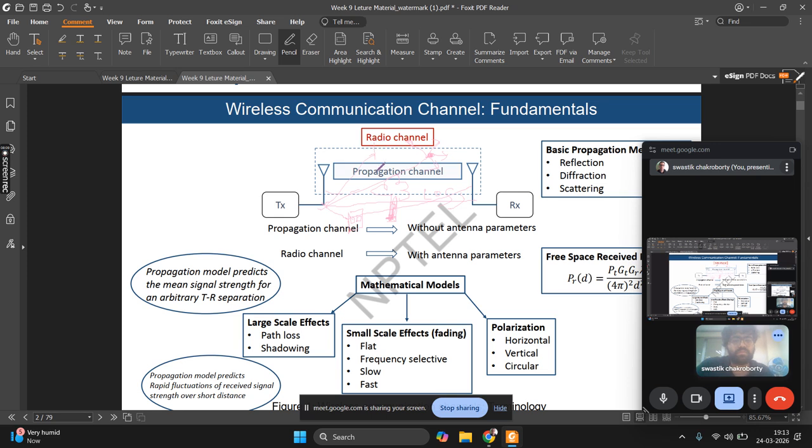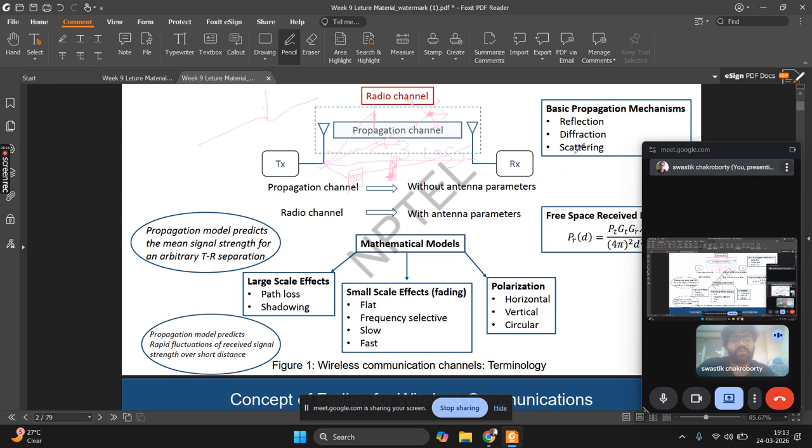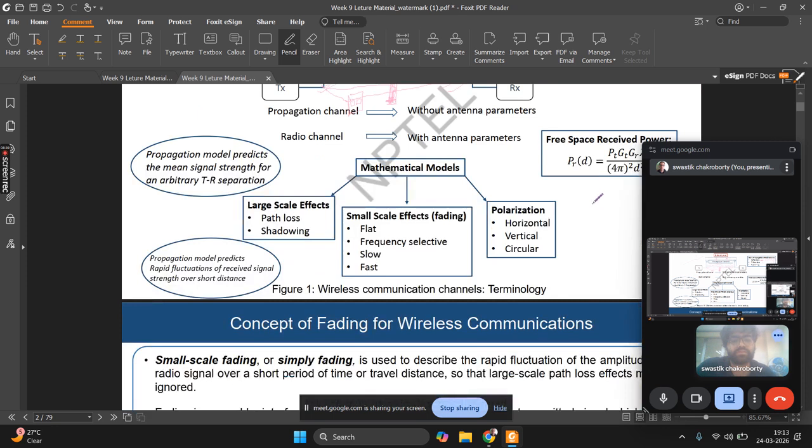Diffraction means when it goes around sharp edges. So there are three propagation mechanisms. Mostly we will be focusing on these, which are known as non-line of sight. So there is a direct line of sight and then there are non-line of sights.